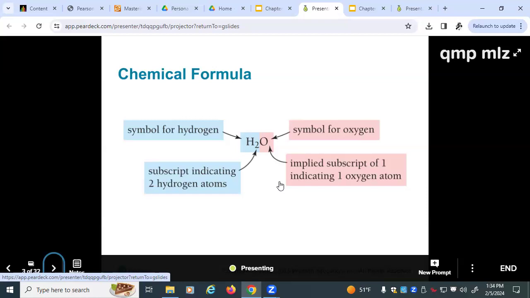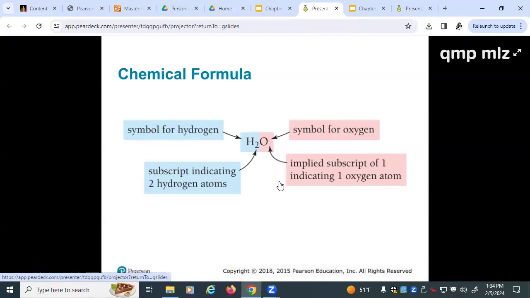So if we take water, for example, water is H2O. That chemical formula tells us that there are 2 hydrogen atoms in that water molecule and that there is 1 oxygen atom in that water molecule. By convention, if we have only one of a particular element, we don't use the subscript of 1.